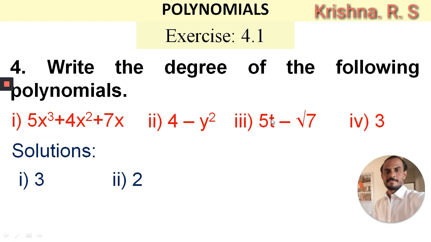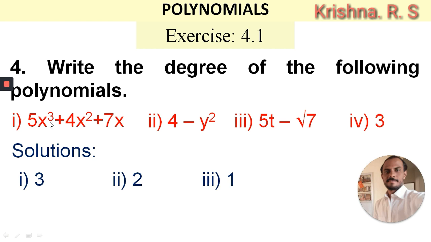There is no other variable term, so the highest exponent is 1 and its degree is 1. This is called a linear polynomial. Whose degree is 1 is linear, whose degree is 2 is quadratic, whose degree is 3 is cubic.